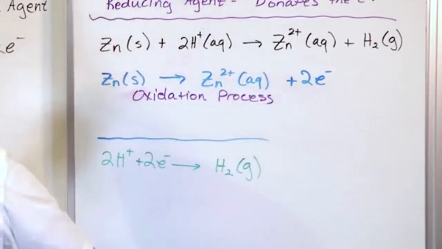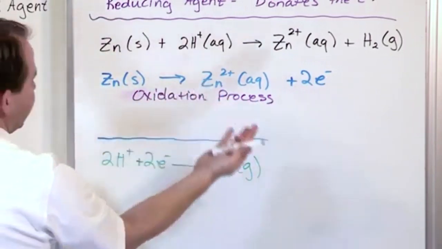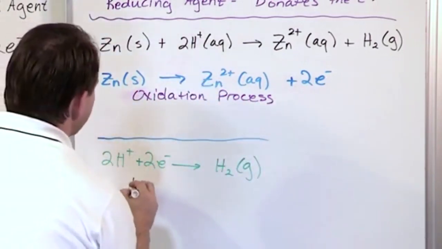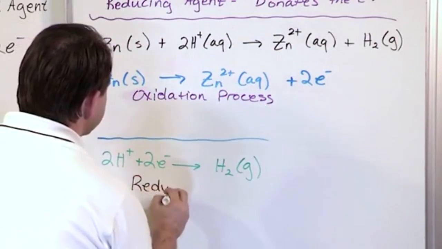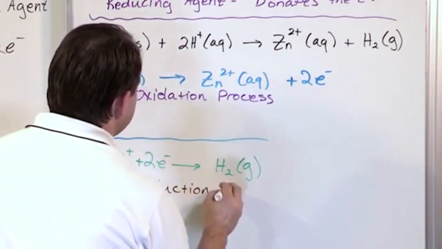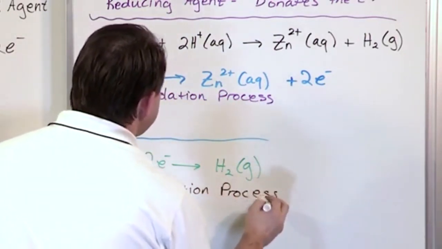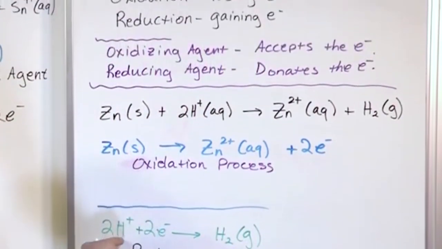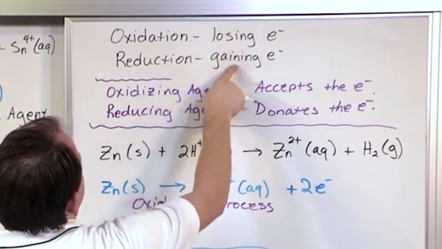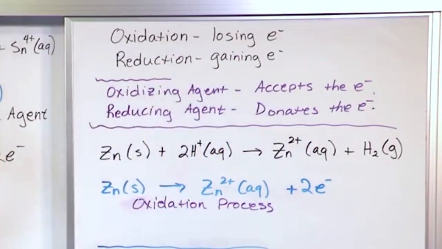All right. And then under here, if this is oxidation, you don't even really need to look at this in order to write that this is a reduction process. But if you wanted to check yourself, you'd look at this and say, well, this is accepting electrons. Accepting electrons, in other words, gaining electrons, is called a reduction.